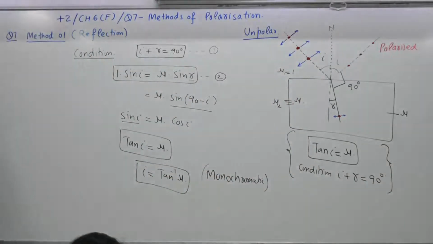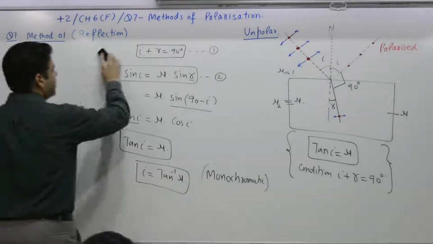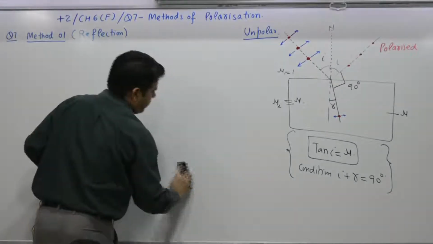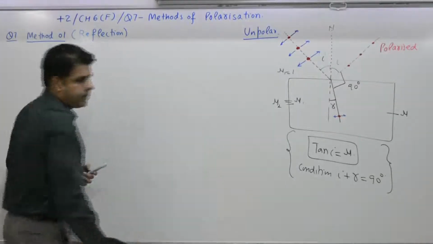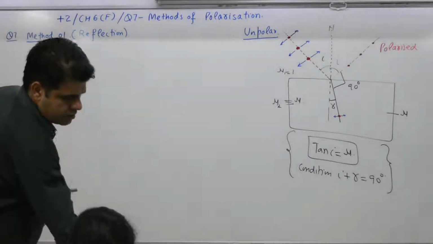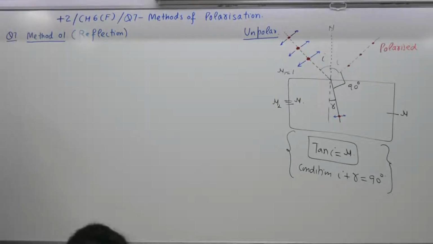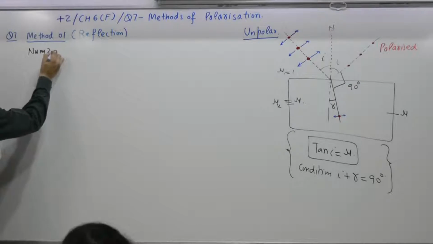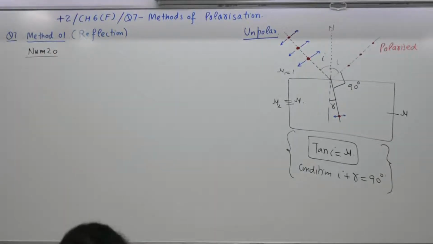Now we refer to the numerical part. Numerical number 20. Question is, when sunlight is incident at an angle of 53 degree on the surface of water, the reflected light is plane polarized.